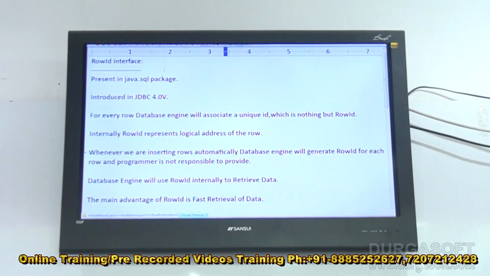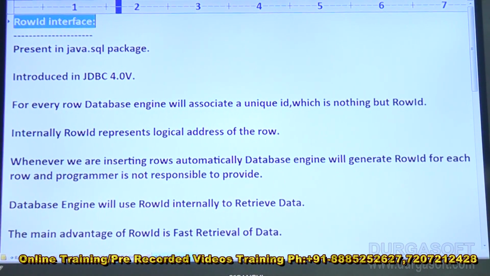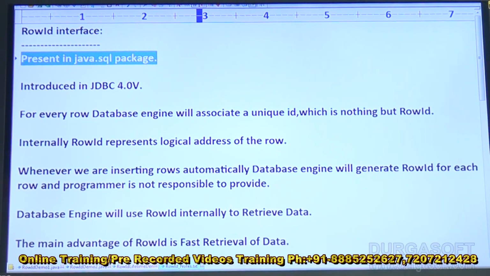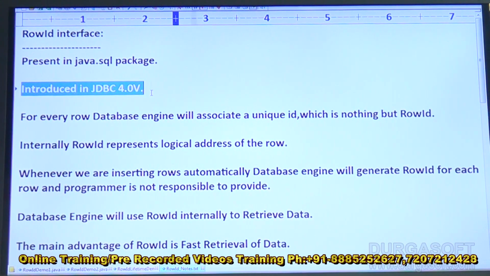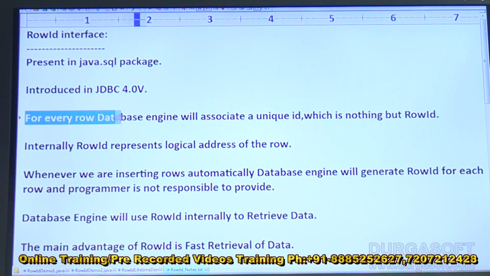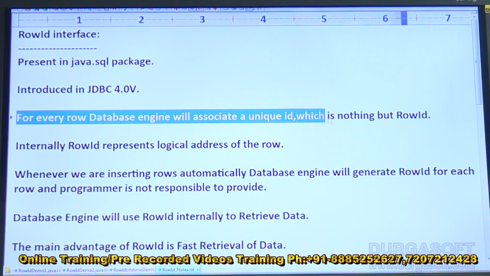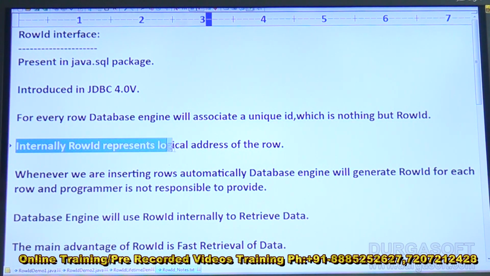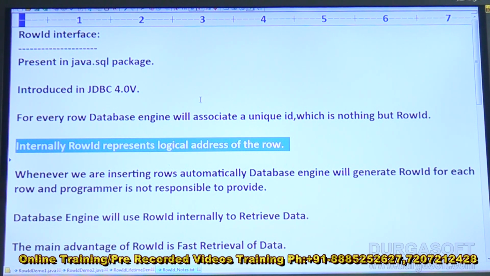This is our material, right? The RowId interface is present in which package? The java.sql package. Introduced in which version? JDBC 4.0. For every row, the database engine will associate a unique ID, which is nothing but the row ID. Internally, row ID represents the logical address of the row.